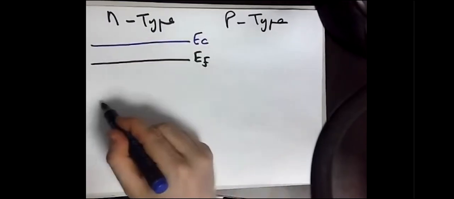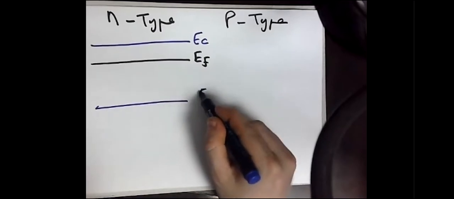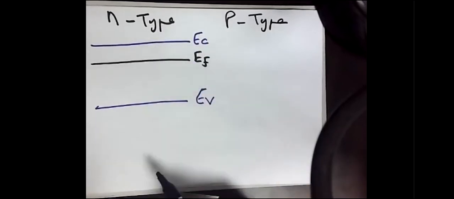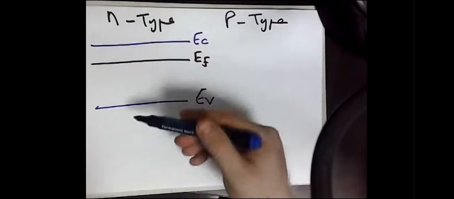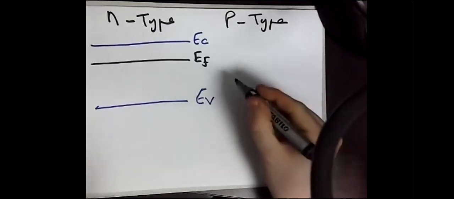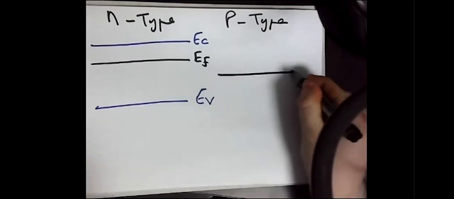As you can see, the Fermi level is more toward the conduction band rather than to the valency band because the number of electrons is greater than the number of holes. On the other hand, the p-type material has something like that.